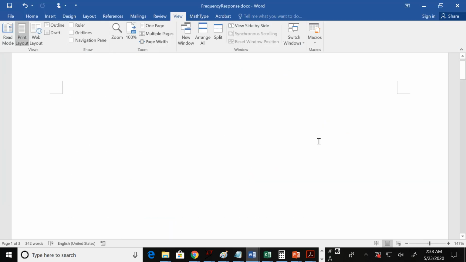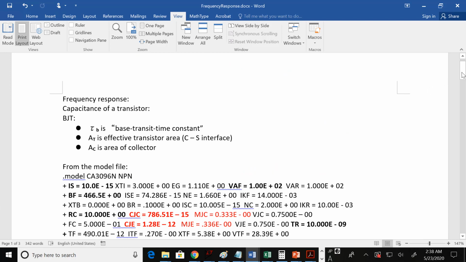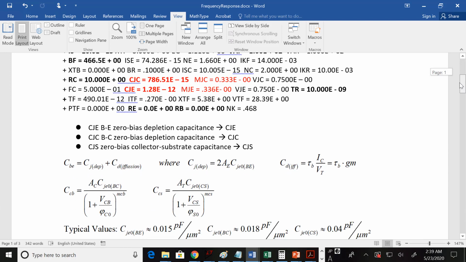I'll post this handout, but each one of those capacitances has an equation. Your base emitter capacitance has 2 parts to it.